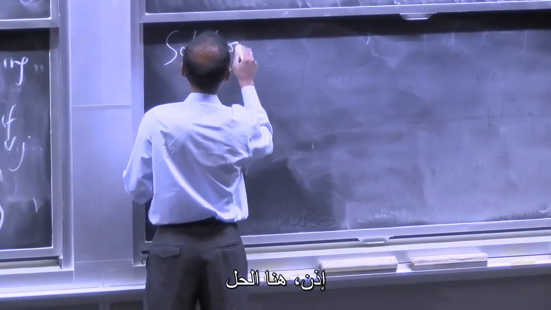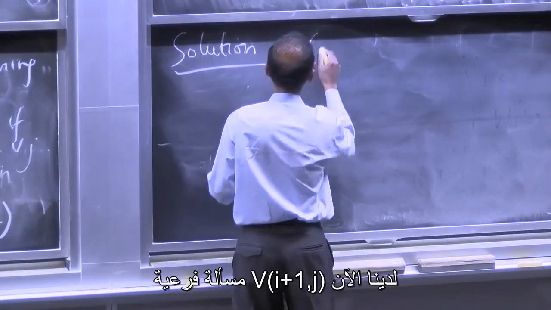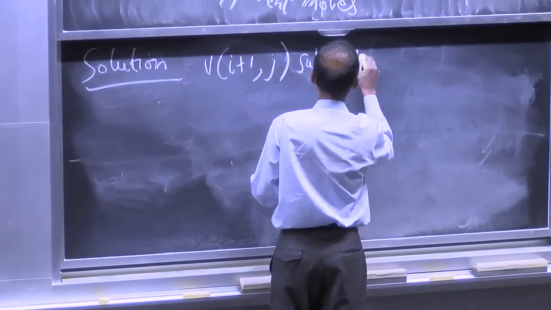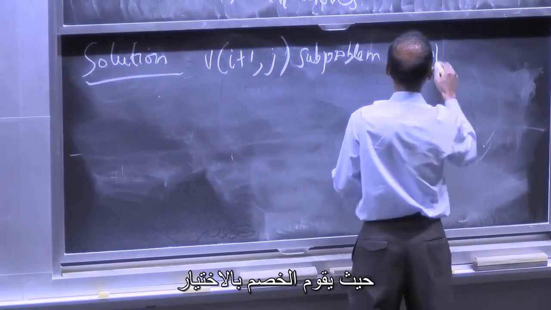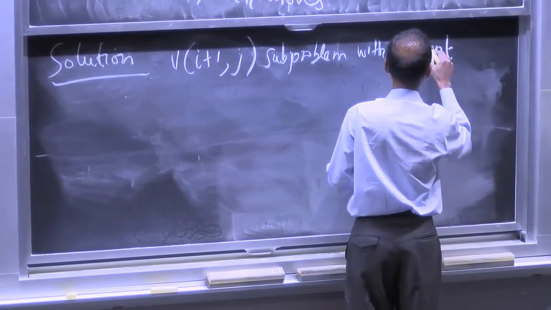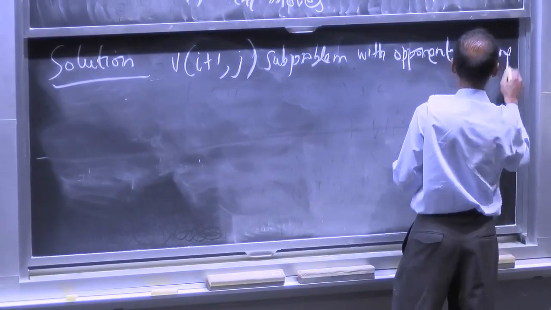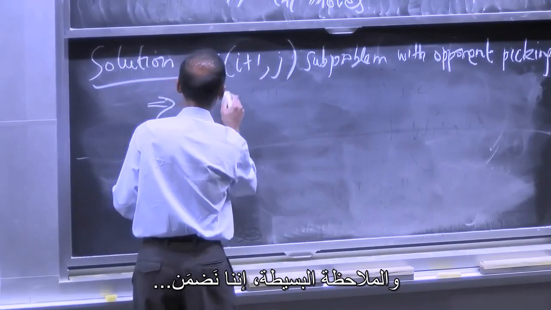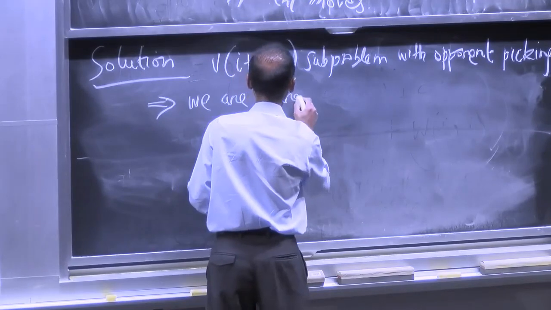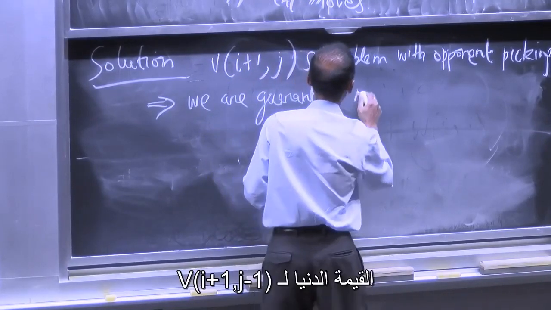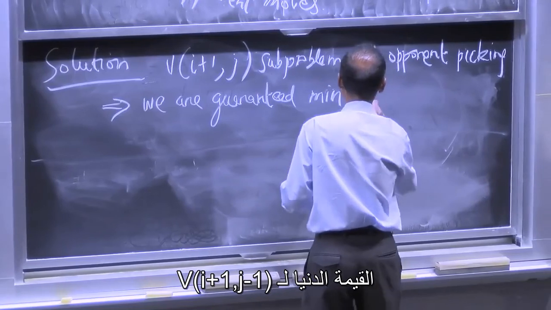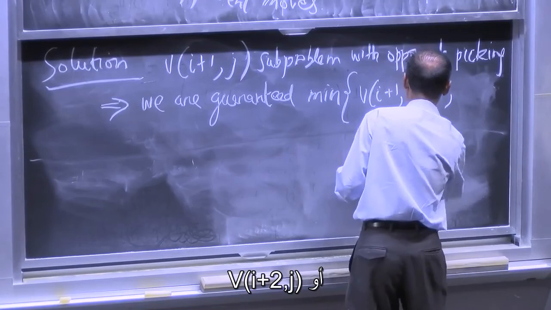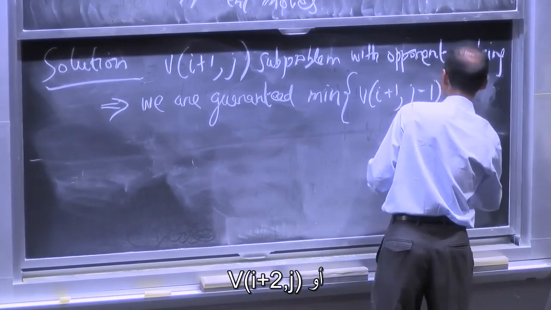So here's the solution. We now have a V(i+1, j) subproblem with the opponent picking. And the simple observation is that we are guaranteed the min of V(i+1, j-1) or V(i+2, j).